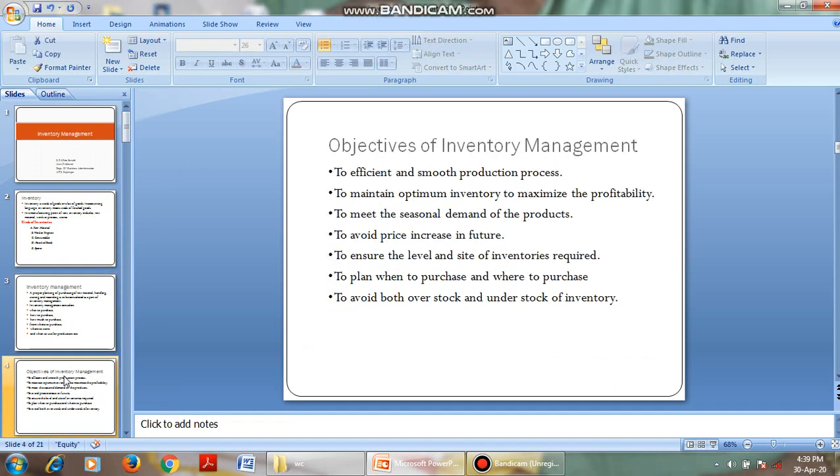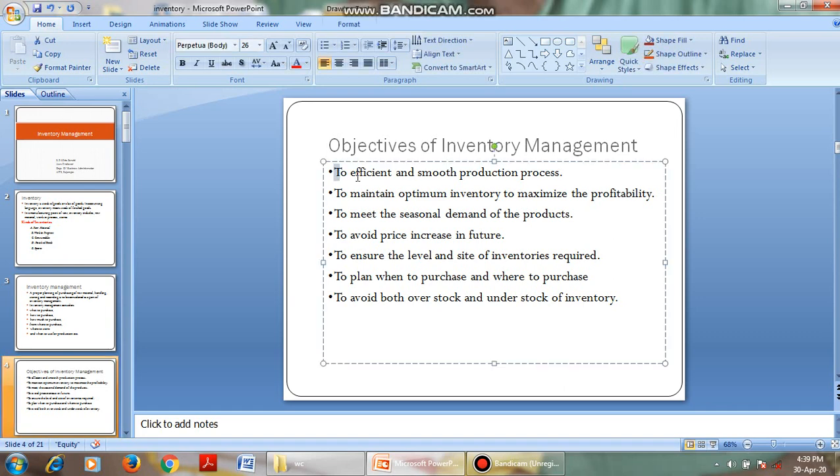Then coming to the objectives of inventory management. The first is efficient and smooth production process. If you don't maintain inventory management, then the production process will get delayed, or will not complete smoothly.